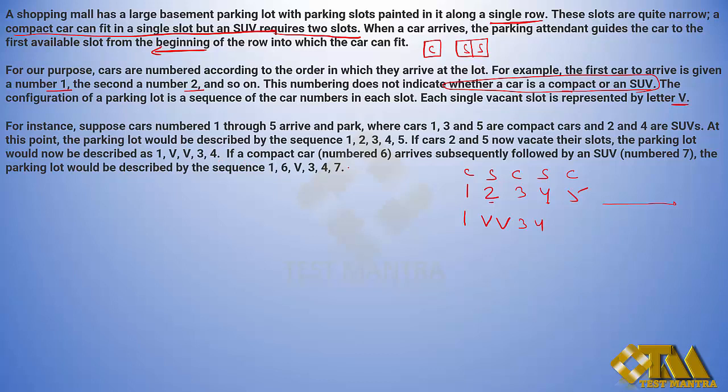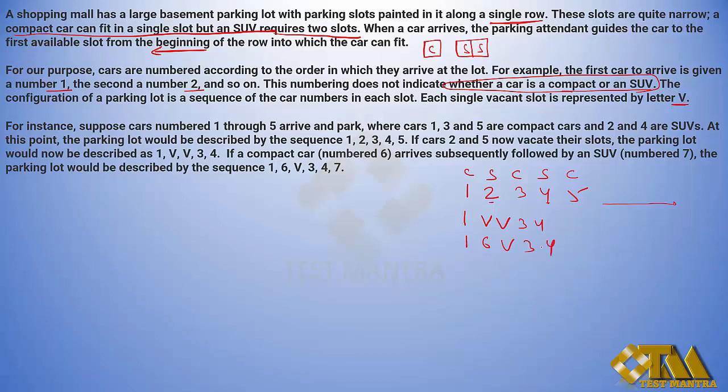If compact car number 6 arrives, subsequently followed by an SUV number 7. So when 6 arrives and it's a compact car, definitely it will go to the first vacant part here, and as it's a compact car, only one slot is required. So it will now be 1, 6, V, 3, 4, right?